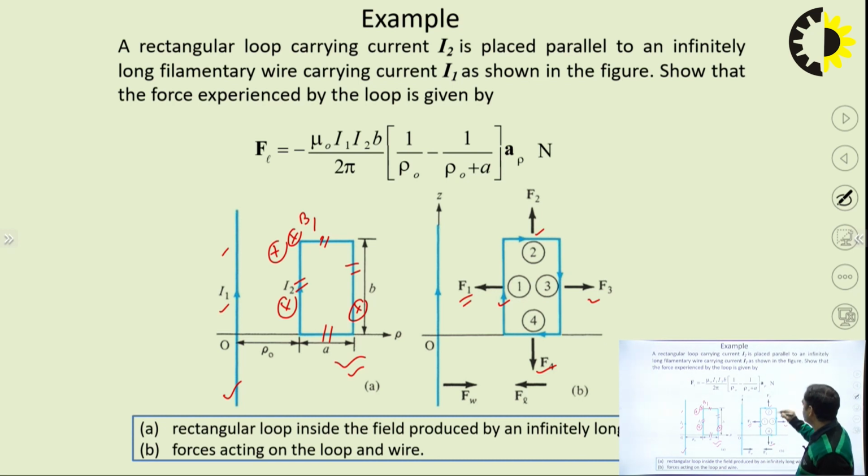So the total force onto the loop, FL, will be equal to F1 plus F2 plus F3 plus F4. So we have to find the forces onto it. First, what is the requirement? B1 we have to find, right?